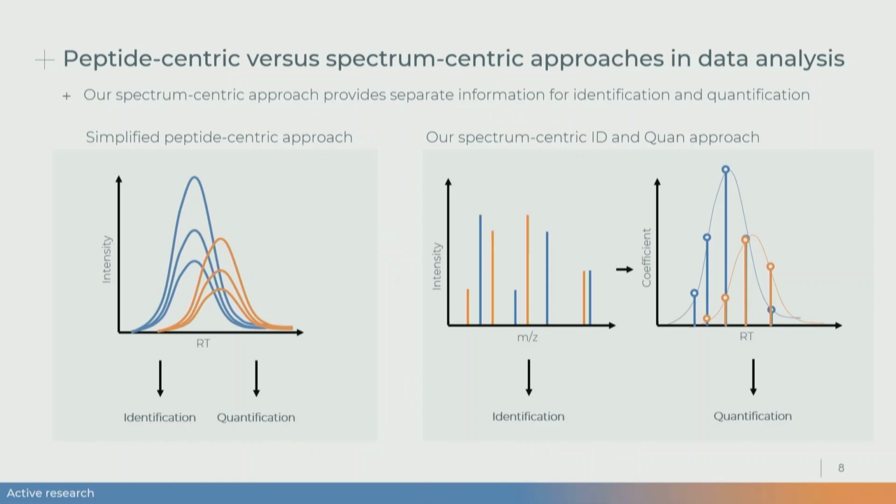So traditionally we've heard already that peptide ID and quantification in DIA is usually done a bit differently than in DDA. Normally, you do identification and quantification in parallel, you're looking at XICs, whereas in our spectrum-centric approach, we actually don't do that.